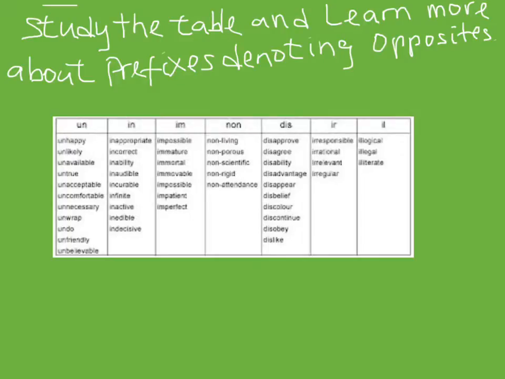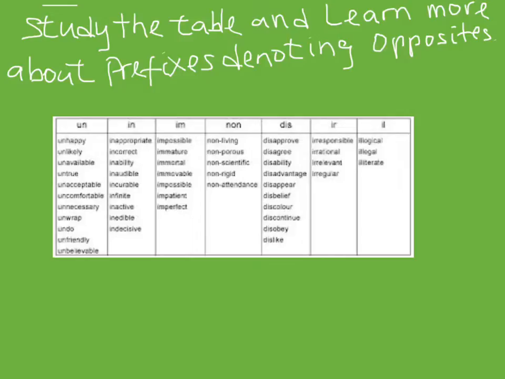For the prefix un, in the first column we have unhappy, unlikely, unavailable, unacceptable, uncomfortable, unnecessary, unwrap, undo, unfriendly, unbelievable. And for the prefix in, we have inappropriate, incorrect, inability, incurable, inactive, inedible, indecisive.